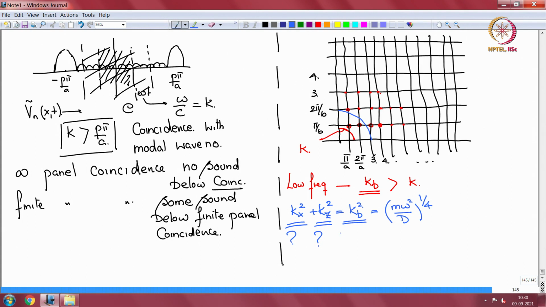But we also know that (p pi by a) whole squared plus (q pi by b) whole squared is equal to omega pq, (m by D) to the power 4th and a root.